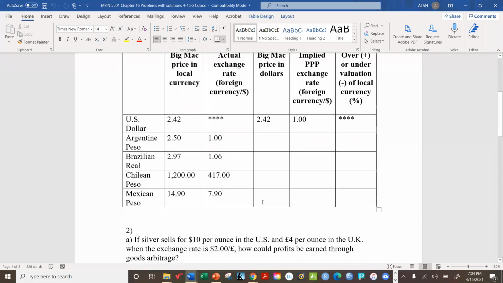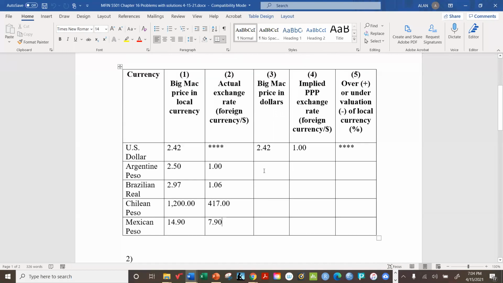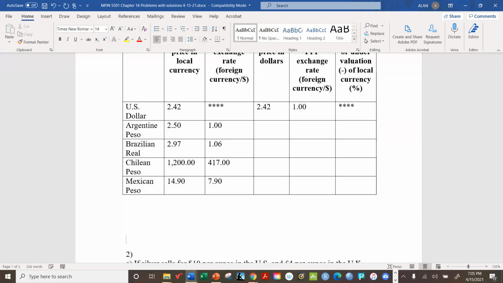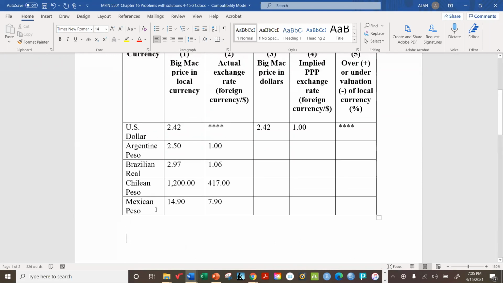So in column 3, we're trying to figure out the Big Mac price in dollars. So let's look at this first one, for example. Well, this one will be straightforward. Let's look at this one first, the Brazilian real. You'll see what I mean in a second. So how exactly would this work? All right, so let's say for Brazil, actually, let me do this by hand.